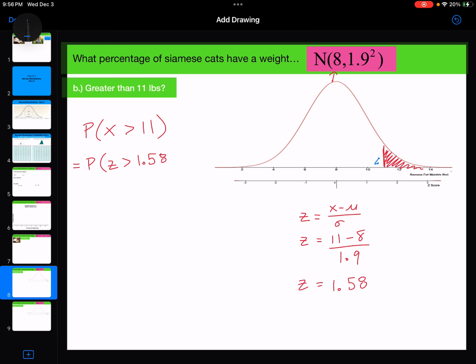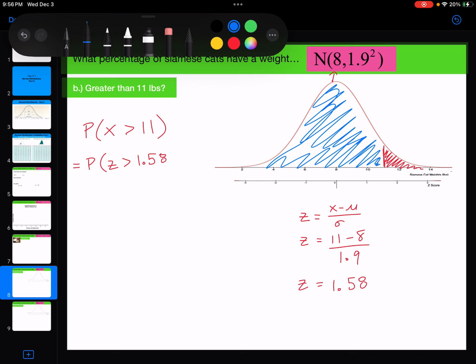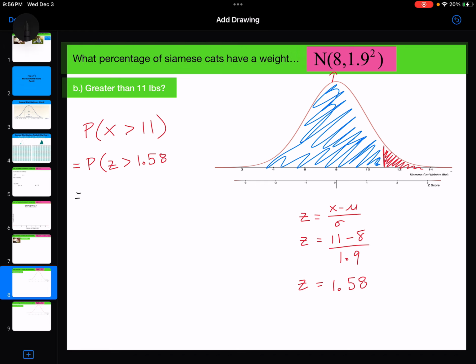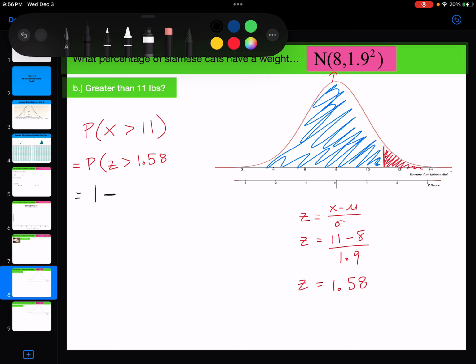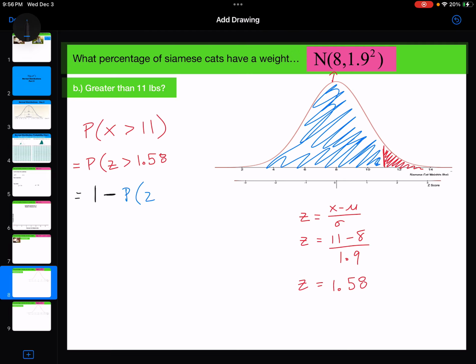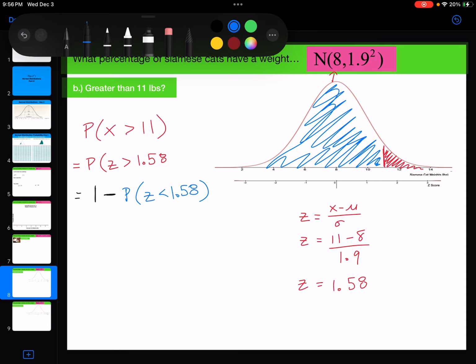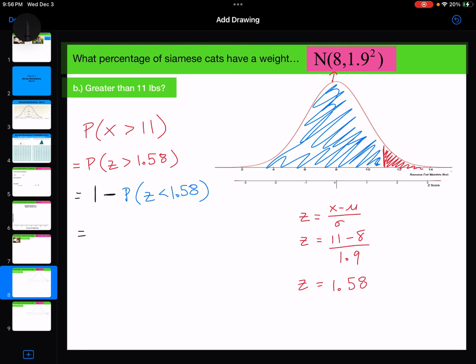So I'm going to shade in the area below in blue, just so that we can follow along with the coloring. So the red area is going to equal 100%, or 1, minus this blue area. And the blue area is the probability that z is less than 1.58. And then we just look it up. So take a second, go and look up what is the probability that z is less than 1.58.